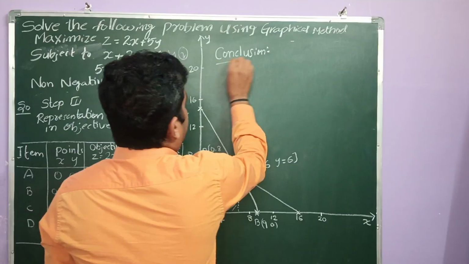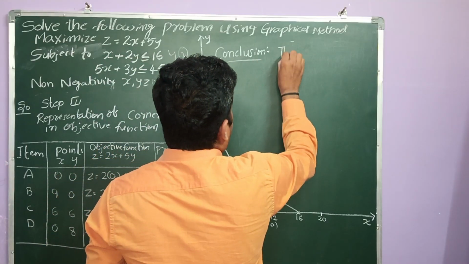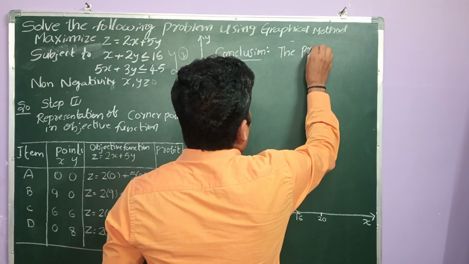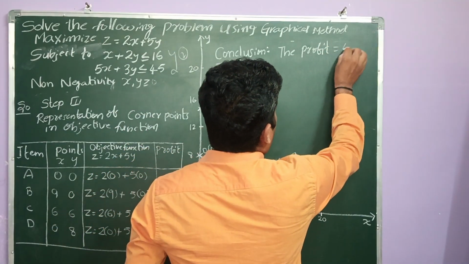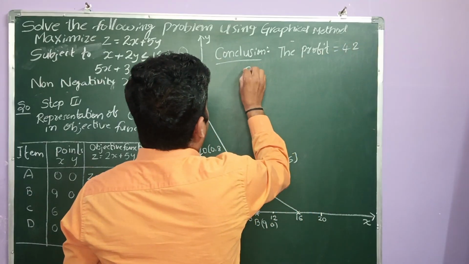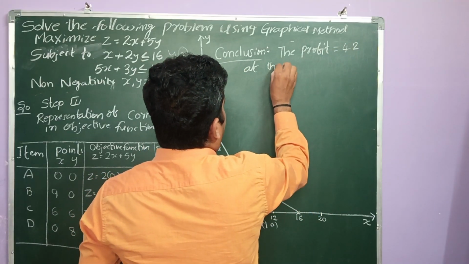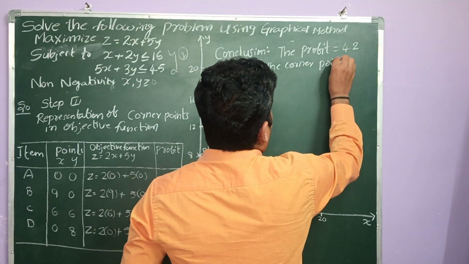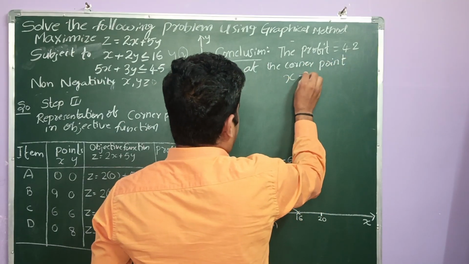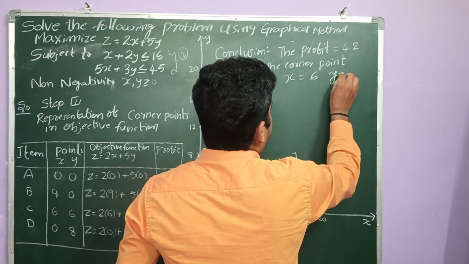The profit is equal to how much we got? 42 at the corner point x is equal to 6, y is equal to 6.